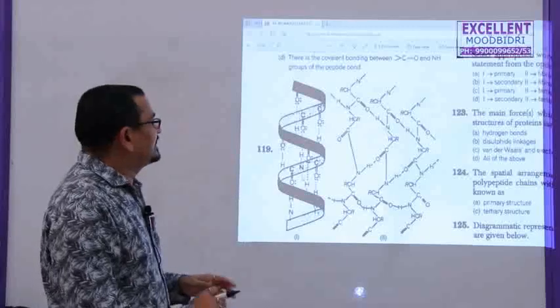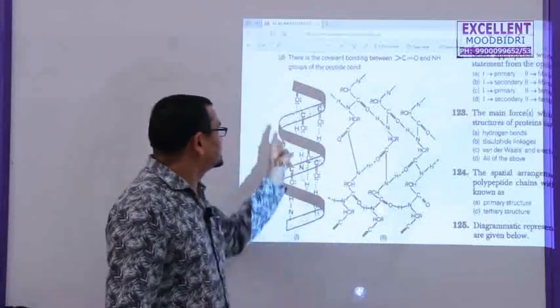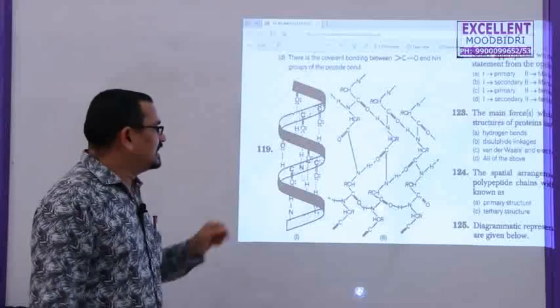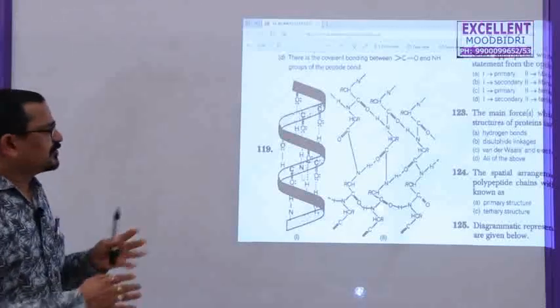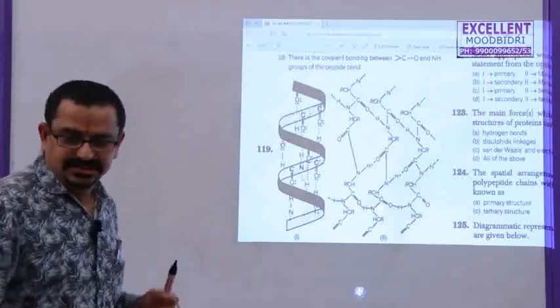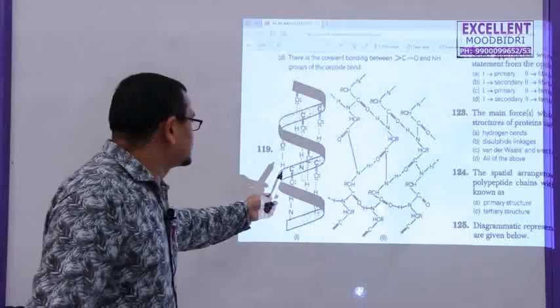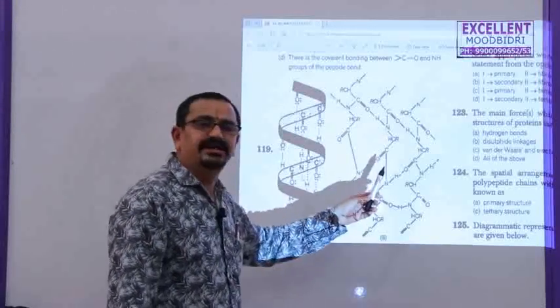About these diagrams, we can see these are parallel chains and an alpha helix structure. What are the points given about these structures? This is the alpha helix structure of protein, and this is a beta pleated structure.